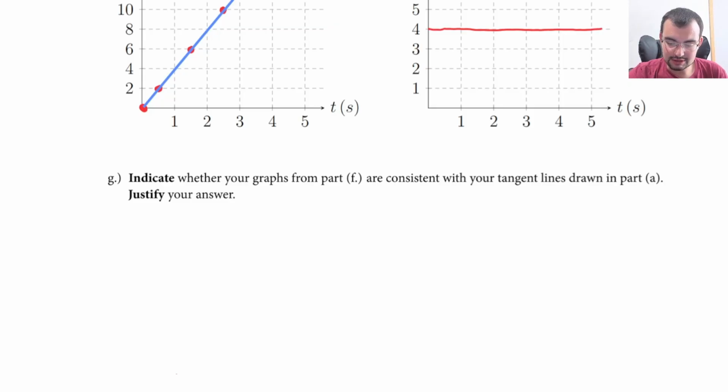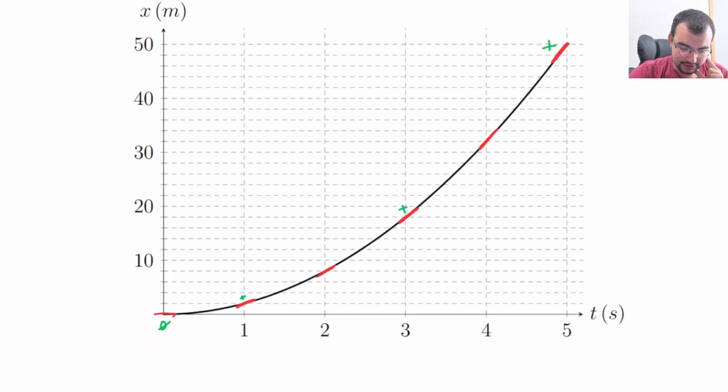So are our graphs consistent with our tangent lines? Hopefully the answer is yes. If you do things correctly, the answer to the is-it-consistent question will almost certainly be yes. So let's see. We said that the tangent lines look like this. So what does that mean? That means that the slope of the curve gets steeper and steeper and steeper. And the slope of the curve, if it's position, is velocity. So our velocity should be going up and up and up.